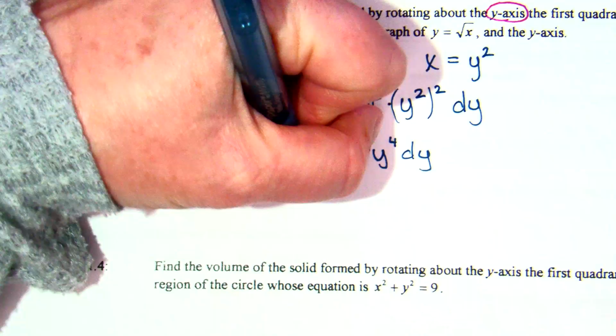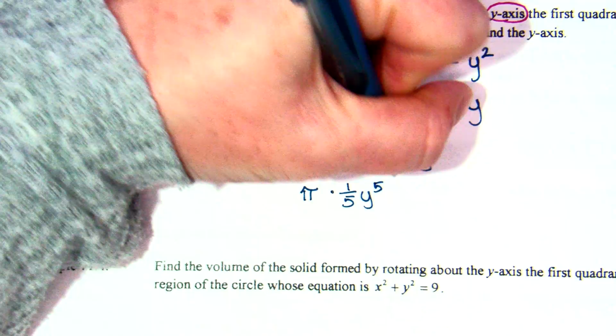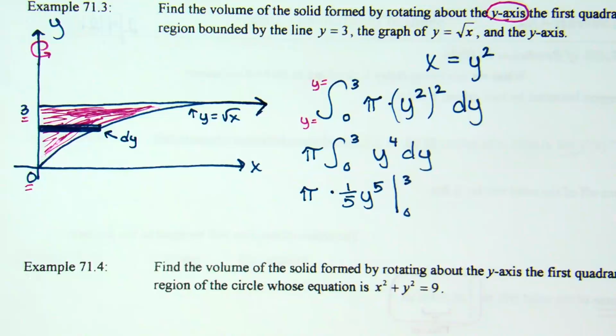One-fifth y to the fifth, evaluated from 0 to 3. Now, you can do y to the fifth over 5 like he did. That's fine. The other option, can we go ahead and put this 1/5 with the pi?